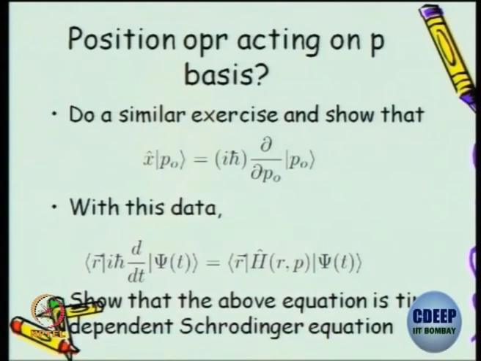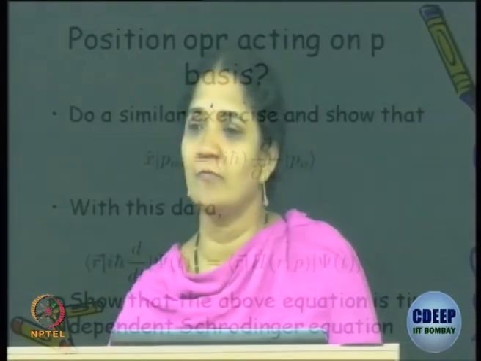You can do it even in 3 dimensions and show that it is nothing but your time dependent Schrodinger equation. Del squared by del x naught squared will become the del squared operator, the Laplacian. There are a lot of things which I said today which involve connections between classical and quantum mechanics, and then I went into the evolution equation.